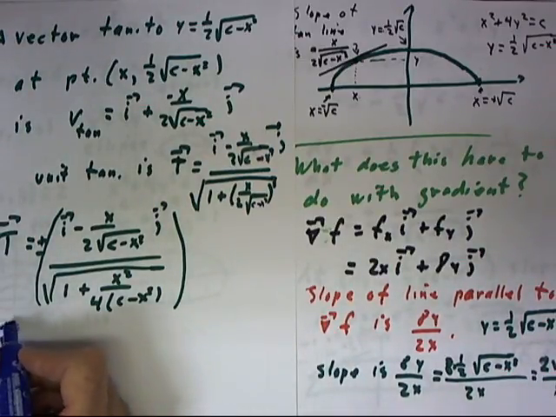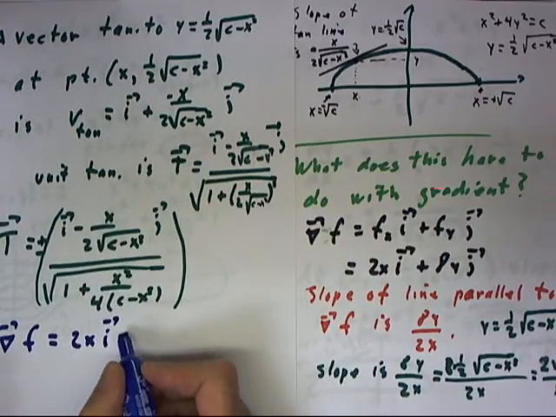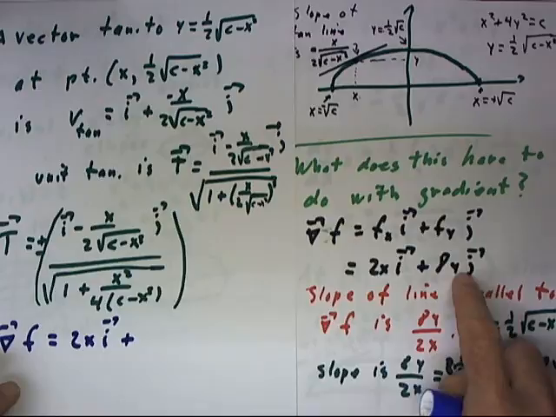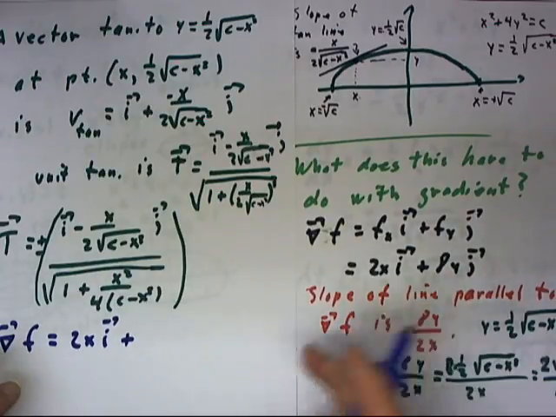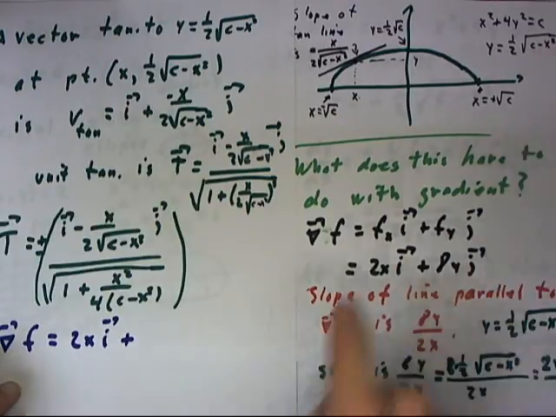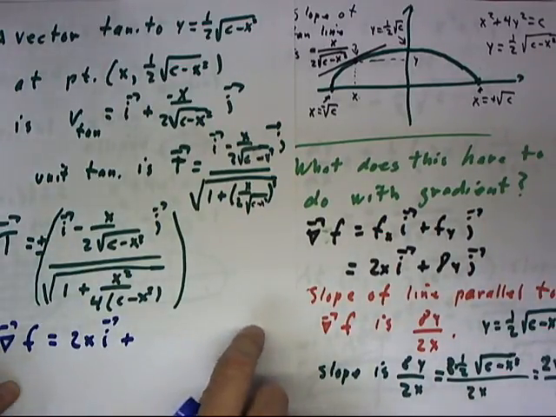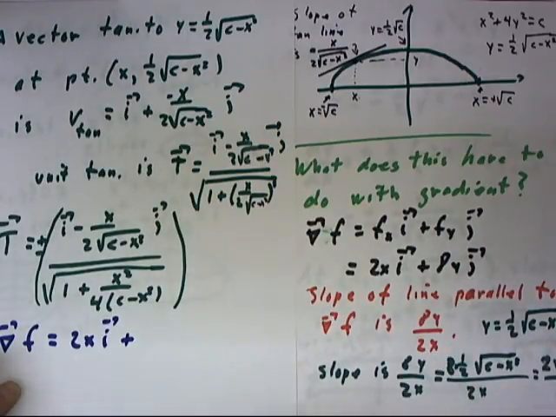Now, expressing the gradient vector as 2x i plus 8 times the value of y here, which is plus or minus 1/2 square root of c minus x squared. And on the upper half of the curve, it's going to be the plus.